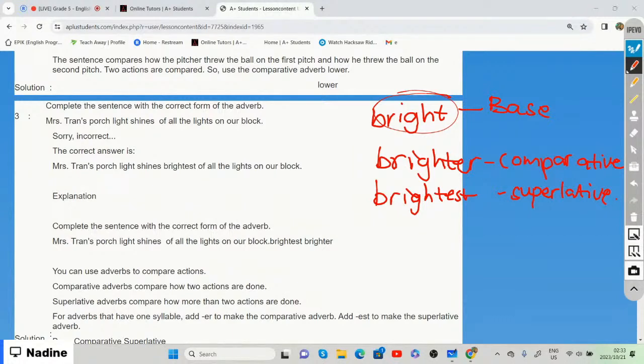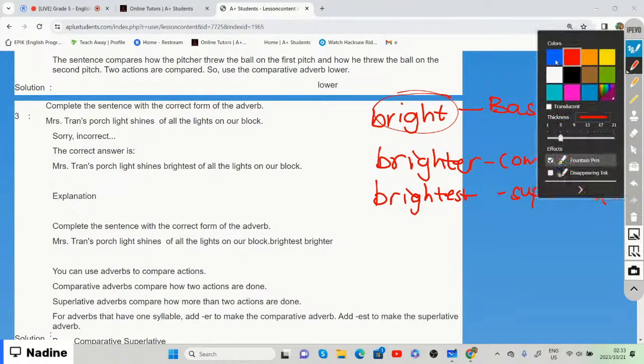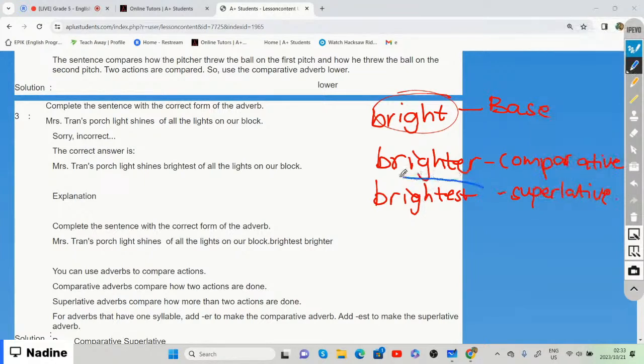So if it's all the lights on the block, then this is a superlative adverb, so we are choosing brightest.